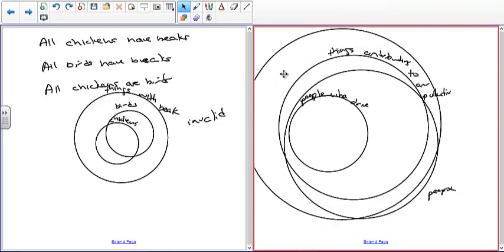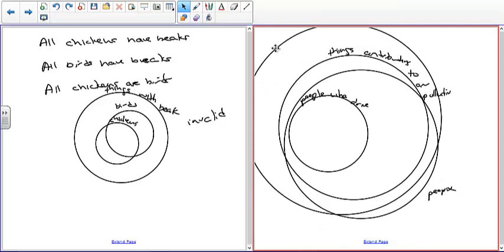It would go something like that. That would be makes life a little worse. What it says is all people who contribute to air pollution. It would actually be this kind of weird shaped thing. It's in the people thing, but it's also in the things that contribute to air pollution. And then that's in the bigger circle, things that make life a little worse.